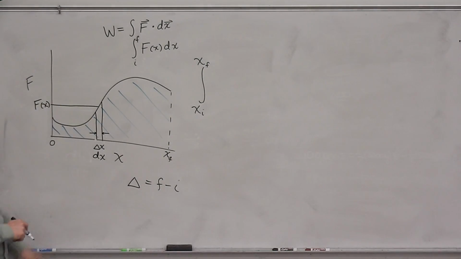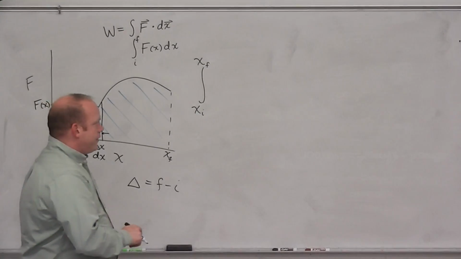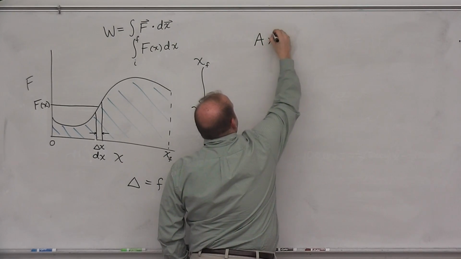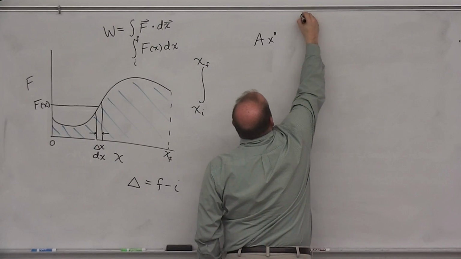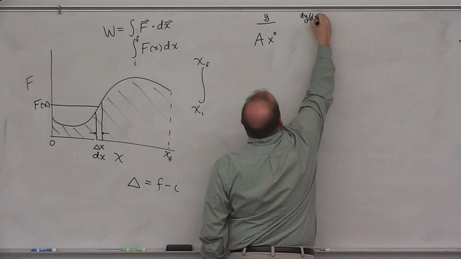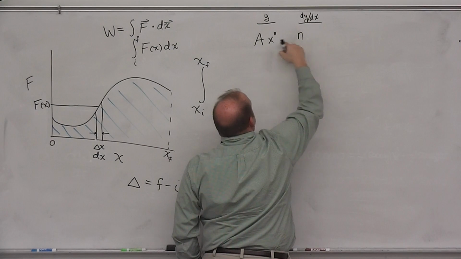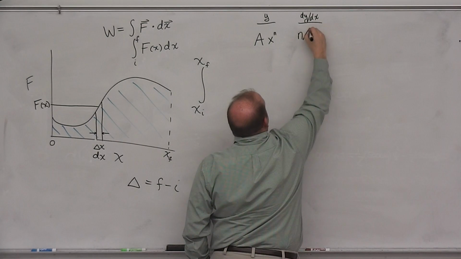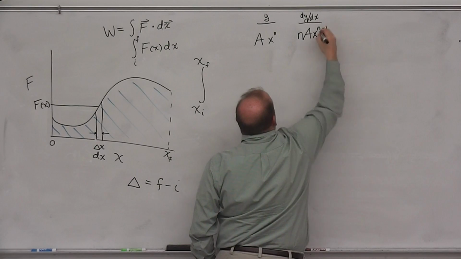Now, as for the function that you put in there, think about what you do when you take a derivative. If your function is a x to the n, I'll say that this is your y. Your dy dx would equal n times a times x to the n minus 1.